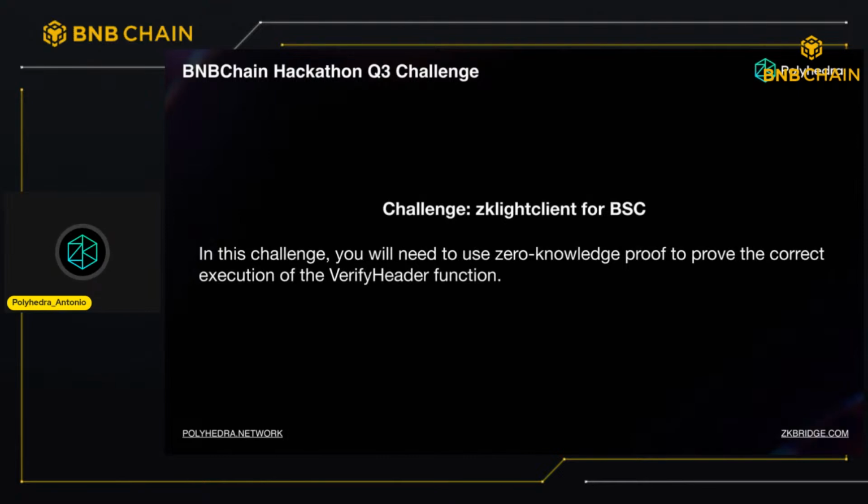Now, let's take a look at the exact topic, the exact challenge we're having here. So the challenge itself is called ZK Lite Client for BNB chain. In this challenge, you will need to use zero-knowledge proof to prove the correct execution of the verify header function. If you are familiar with the full nodes, with the consensus, you should be familiar with block headers and how block headers should get verified, the transaction hash, then the other parts that are included in the block header.